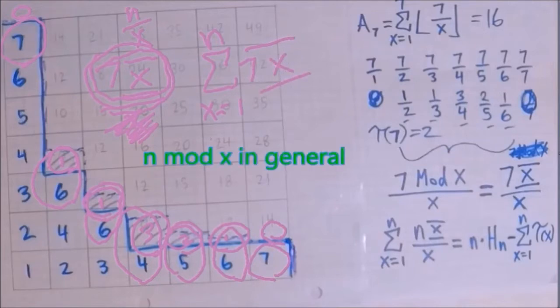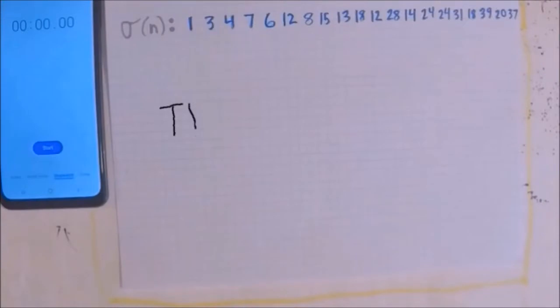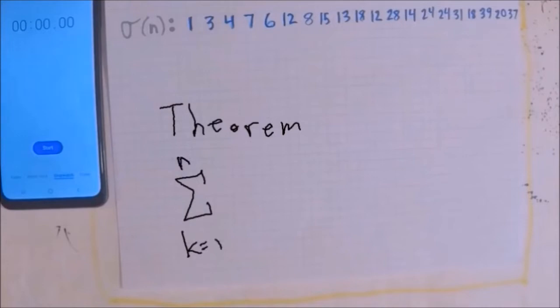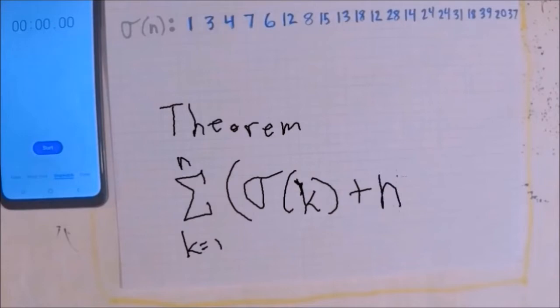And so we have our little theorem here that the sum, I'm going to switch to k equals 1 to n, of sigma k plus n mod k equals n squared.